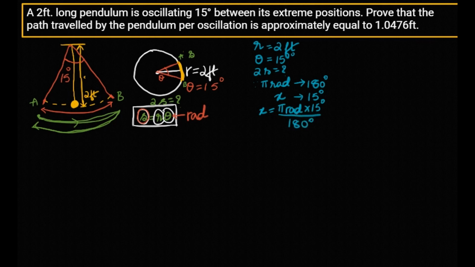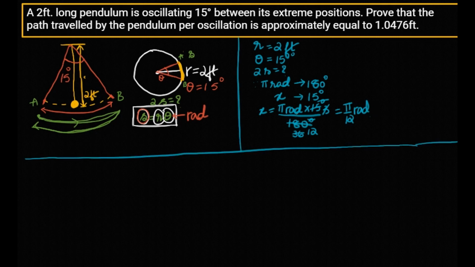So 5 into 3 is 15 and 5 into 36 is 180. Degree unit and degree unit cancel out each other. 3 into 12 is 36. So we get pi by 12 radians. So let us substitute the value now. s is equal to r theta.